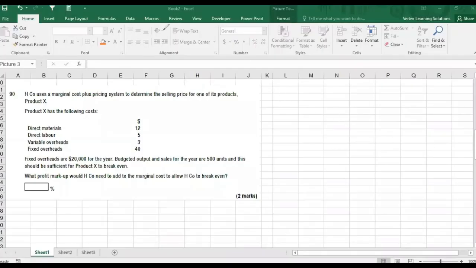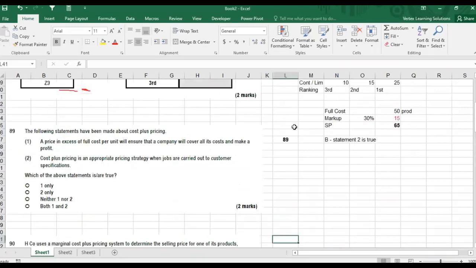Okay, this is question number 90. Very simple question, but it is fundamental for your understanding of break-even. They ask that each company uses a marginal cost plus pricing system, which means variable cost plus. In the previous question, it said full cost plus pricing.